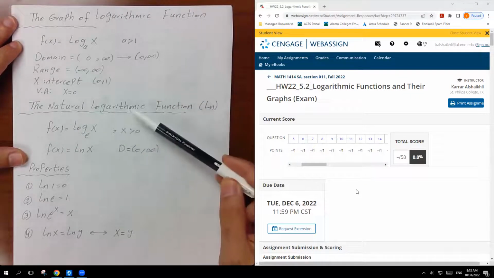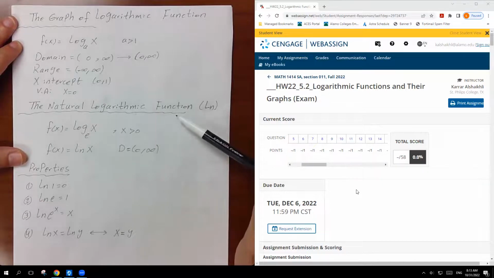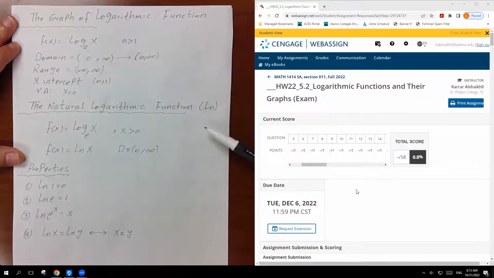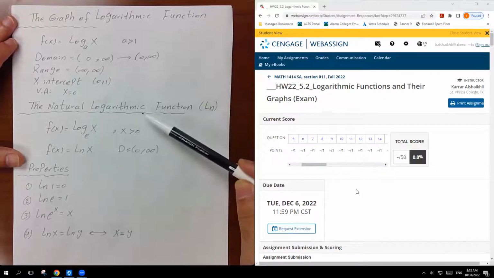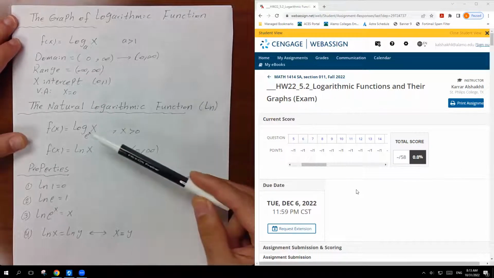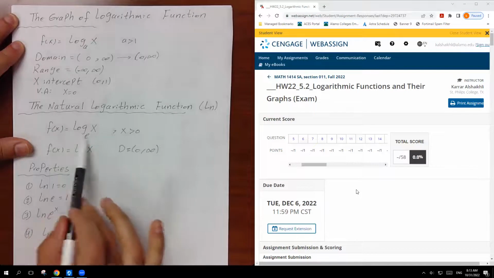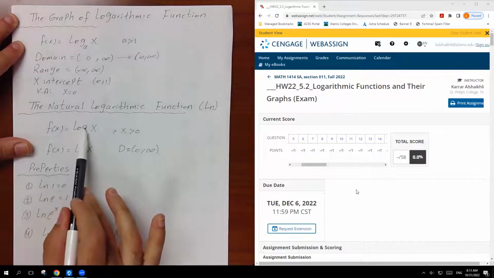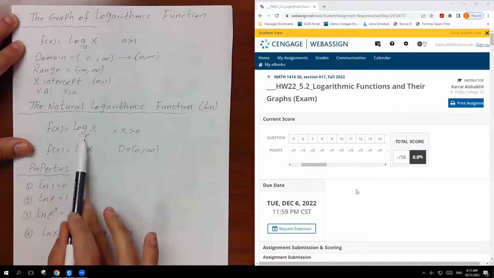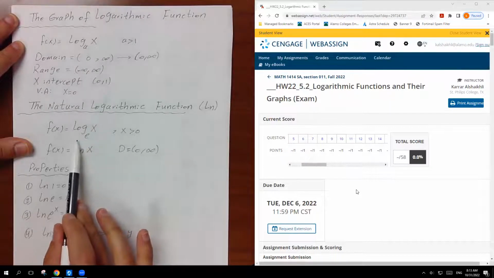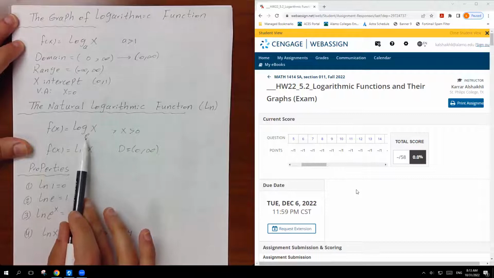The natural logarithm function, which is ln. If you check the calculator, you will see a function ln. This is the natural logarithm. So if you have a log function with the base e, the exponential function, also, if you check the calculator, you will see just e by itself.